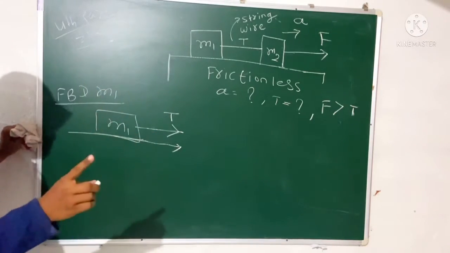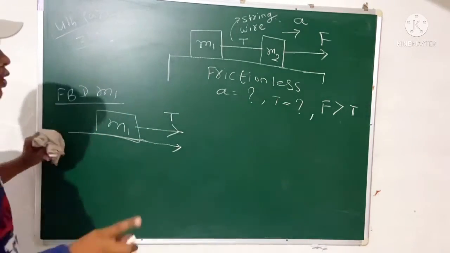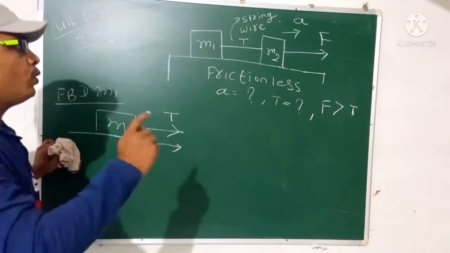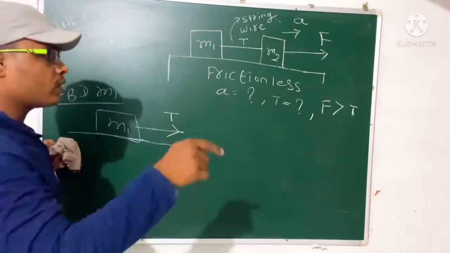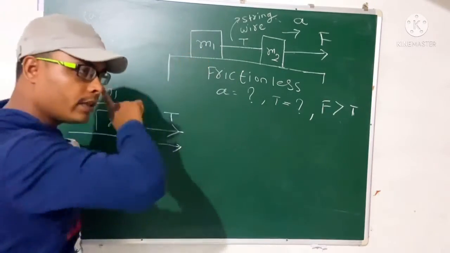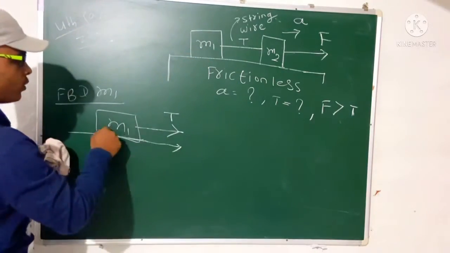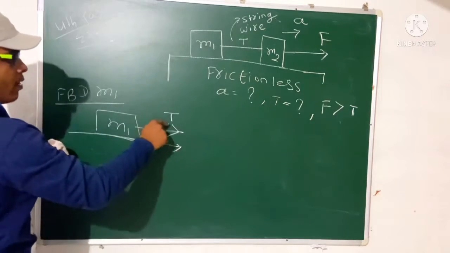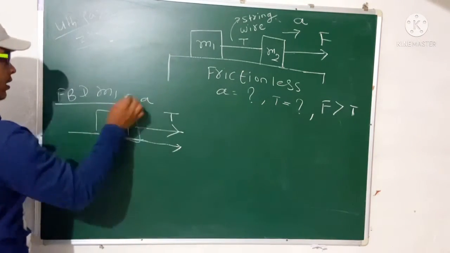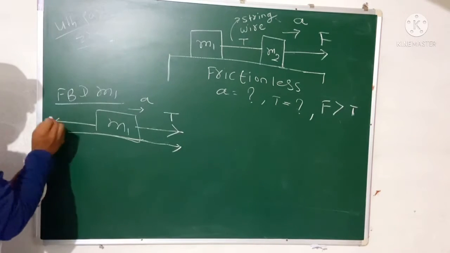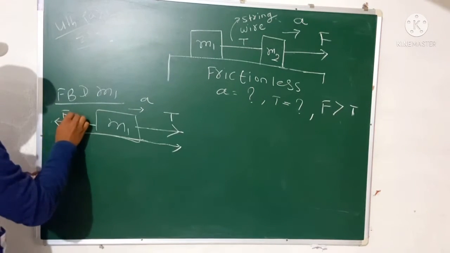But in physics, when we are doing the FBD, don't discuss the force which is given by M1. Discuss the forces that are given to M1, not given by M1. So M2 pulls M1 by a tension force, that is T. This is the acceleration direction, so that will be the pseudo force.